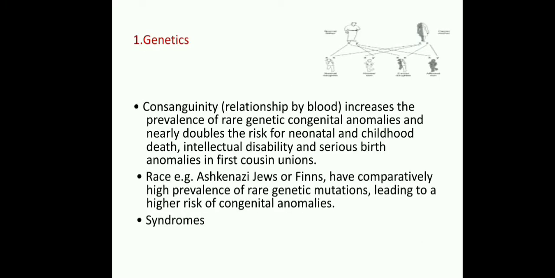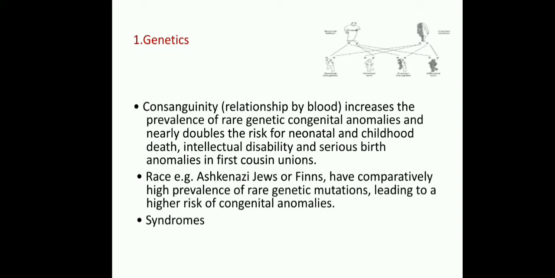Coming to genetic causes associated with congenital malformations: consanguinity, meaning relationship by blood, increases the prevalence of rare genetic congenital anomalies and nearly doubles the risk of neonatal and childhood death, intellectual disability and serious birth anomalies in first cousin unions.